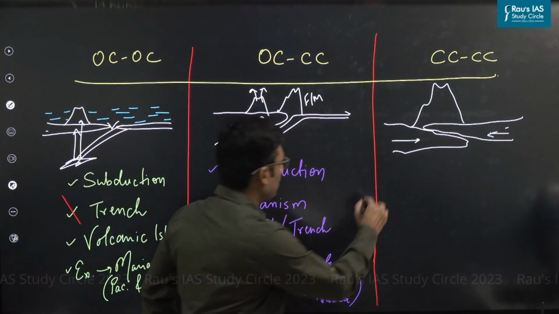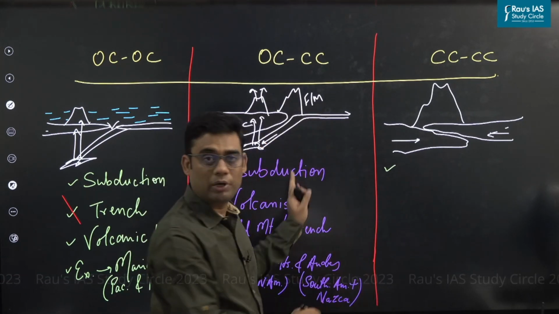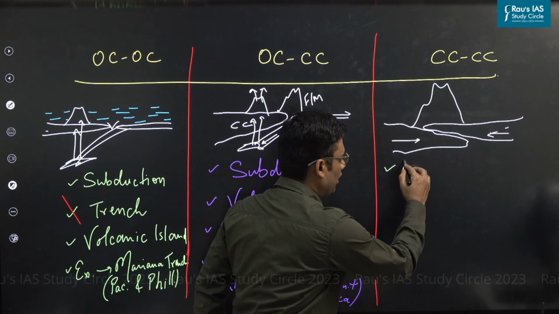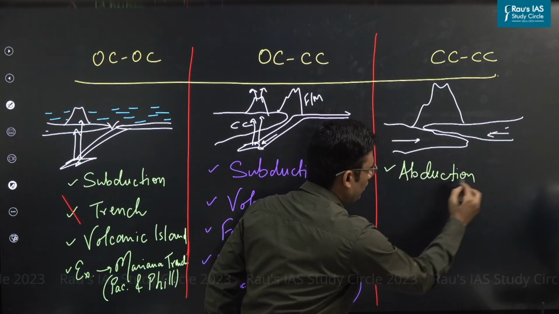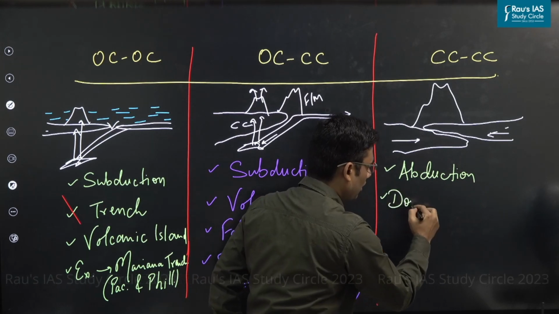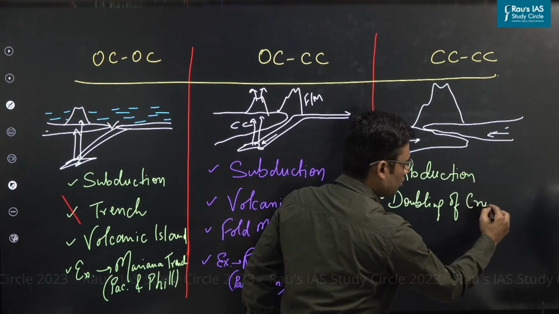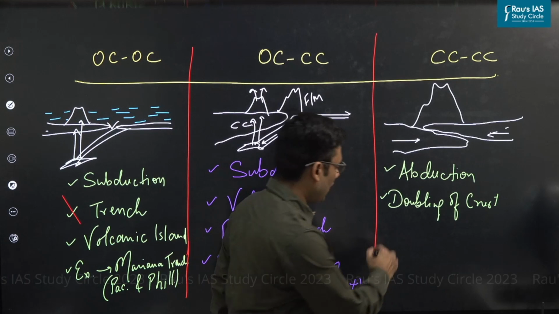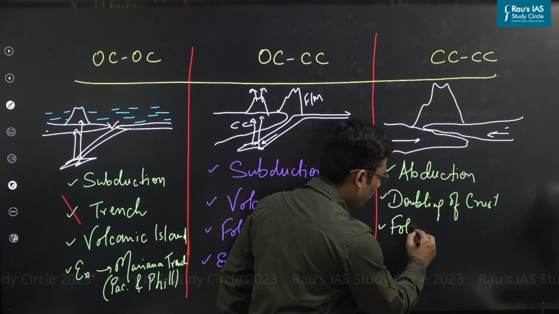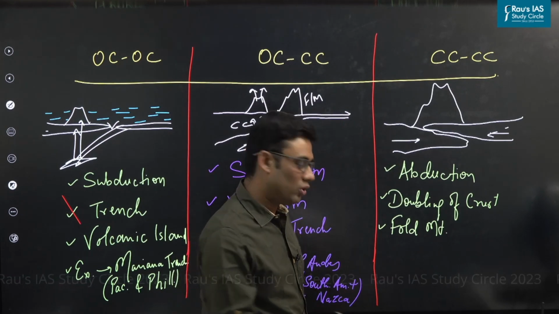With respect to CC-CC convergence, now again I'll write over here, instead of subduction, abduction. So abduction taking place over here. Along with that, the phenomenon is doubling of crust, or this is also called the thickening of the crust. And in addition to that, the fold mountain formation.